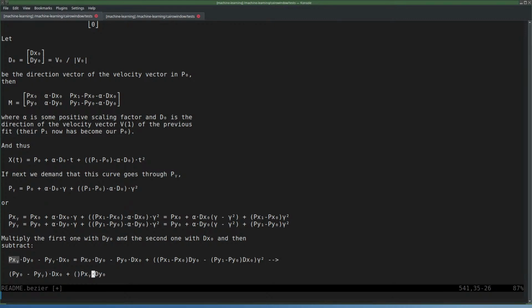And we have to subtract this one to minus that.